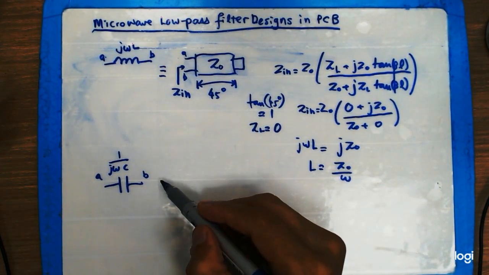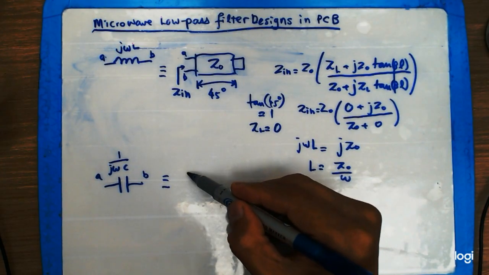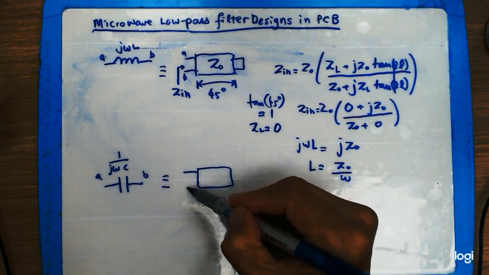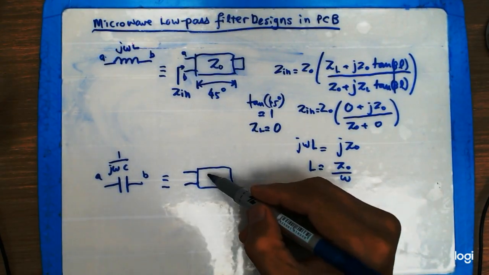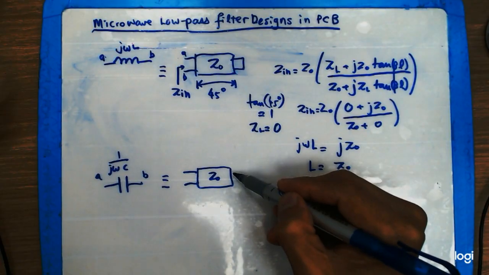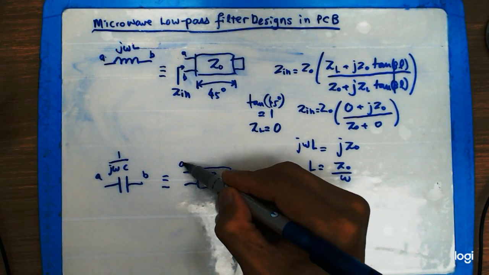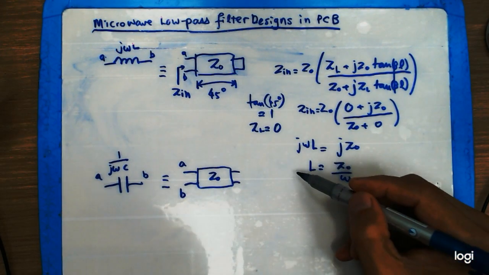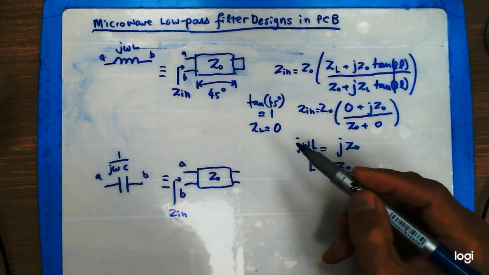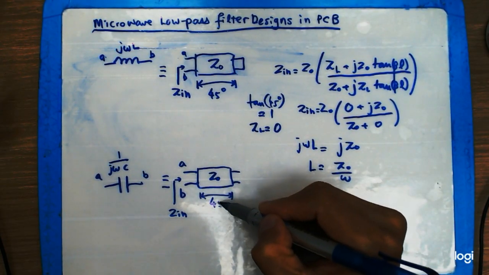So in this case, you can use an open-circuit stub to realize this capacitance. So if we do this, then we will have an open-circuit stub here, and I will use A here and B here, and the input impedance here is going to be Zin, and the length here is also 45 degrees.